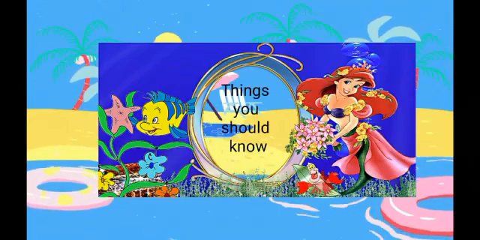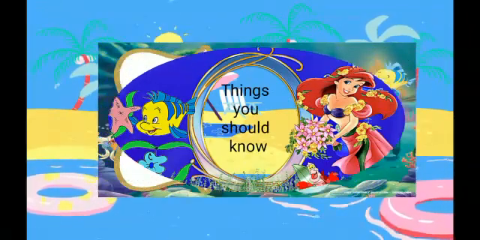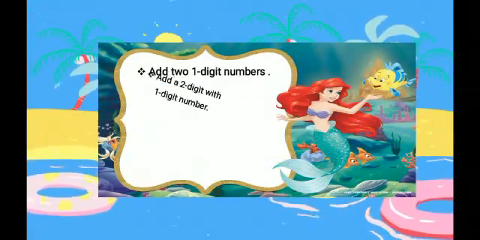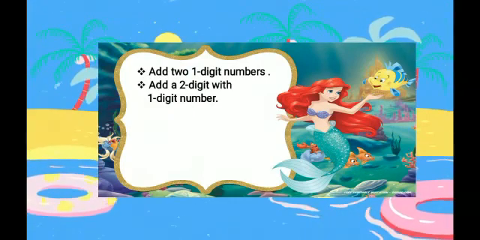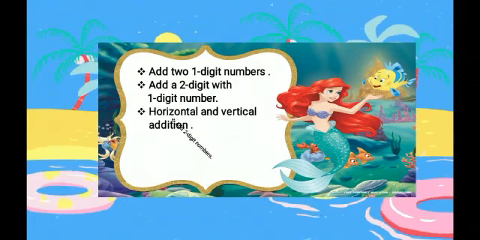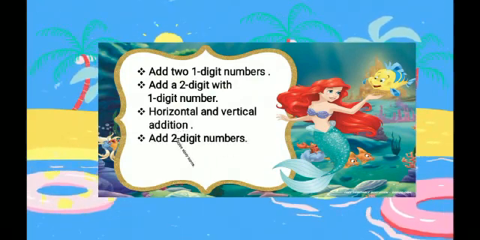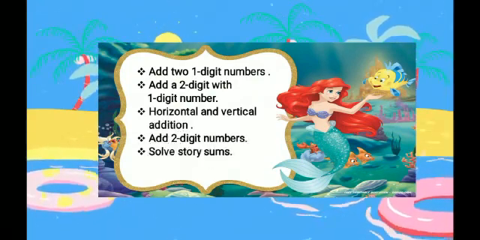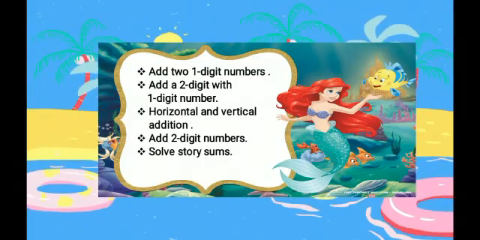Things you should know are: add two one-digit numbers, add a two-digit number with a one-digit number, horizontal and vertical addition, add two-digit numbers, and story sums. You must know about all these topics as you have learned them in your previous class.